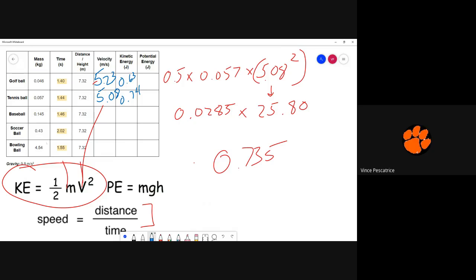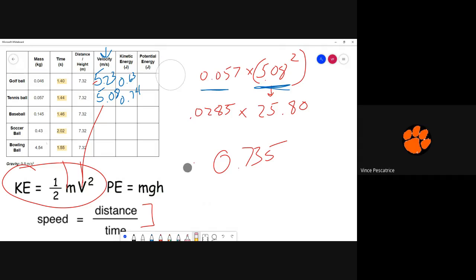Okay, so this is how you do kinetic energy. Step 1, 1/2 times the mass times the velocity squared, which is right here. So the velocity comes from whatever is in this box on the way down. All right, so now to move on to potential energy.